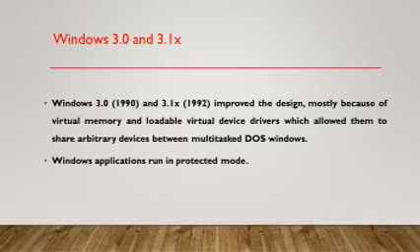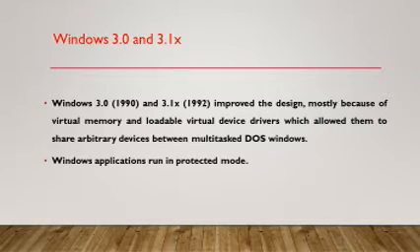As well as that, for Windows 3.0, Microsoft also rewrote the critical operations from C into assembly, making this release faster and less memory hungry than its predecessors.